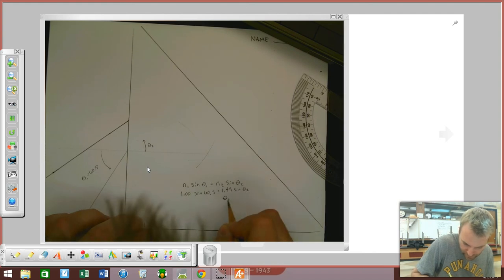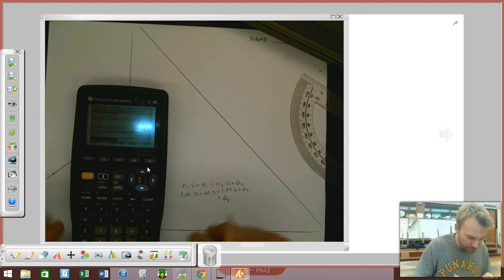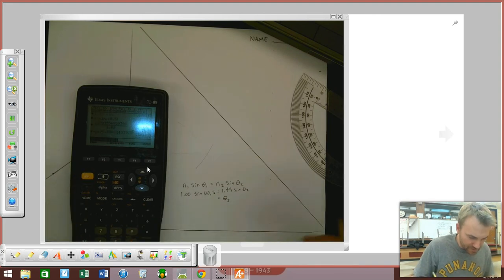And I solve this for theta 2. So I pull out my calculator and I go 1 times the sine of 60.5 divided by 1.49, and I take the inverse sine of it, and it comes out to 35.7.